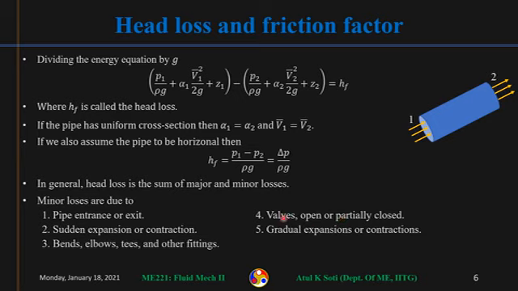So valves are there to control the flow rate, and those valves also lead to some losses in the flow, or losses in the mechanical energy. And then last is gradual expansion. Instead of sudden, you have some gradual expansion or contraction happening in the pipe. So all these kinds of changes, geometrical or flow changes, lead to losses which are considered inside minor losses.